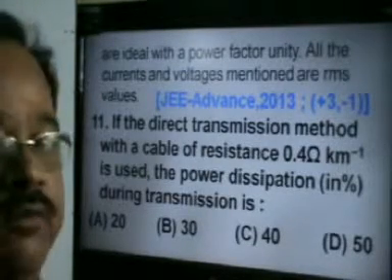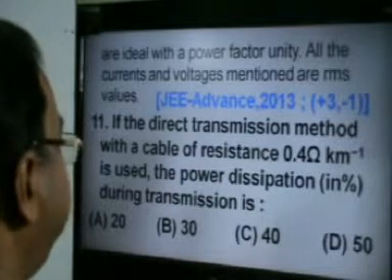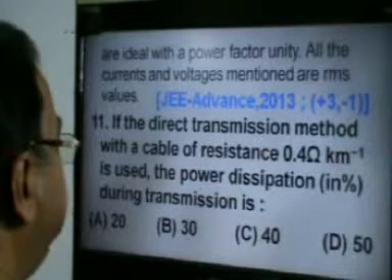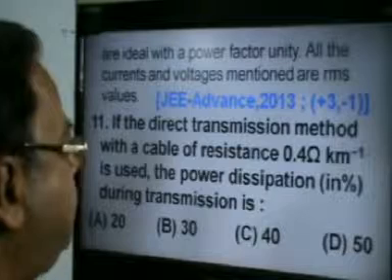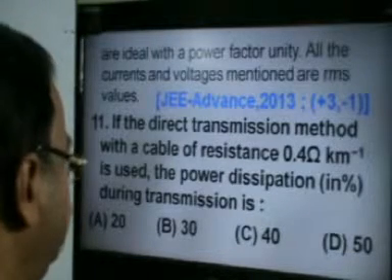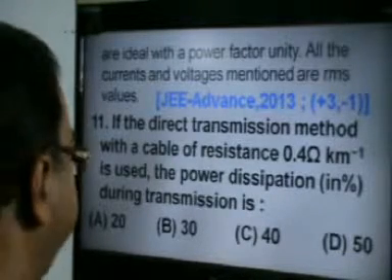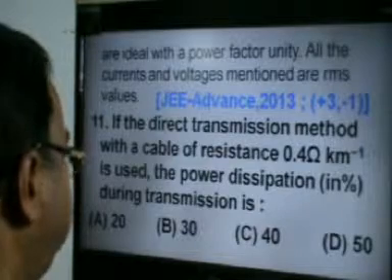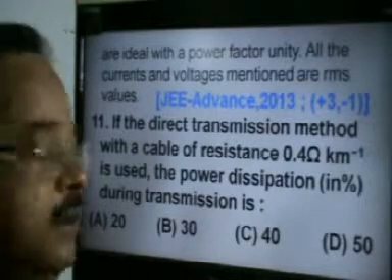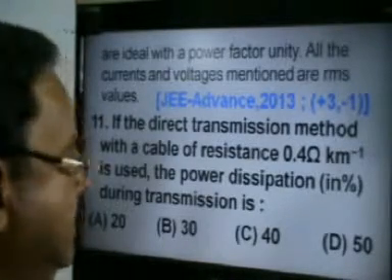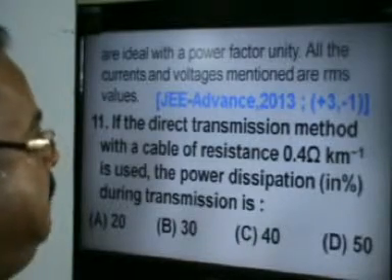Now the question for the paragraph is: if the direct transmission method with a cable of resistance 0.4 ohm per kilometer is used, the power dissipation in percentage during transmission is A 20, B 30, C 40 and D 50.